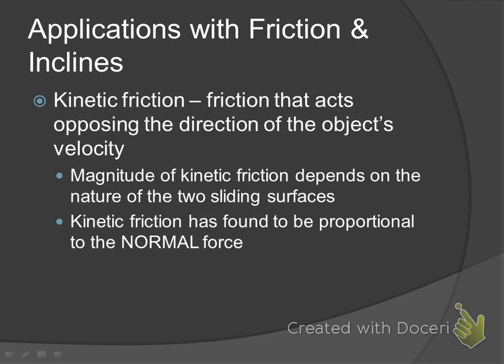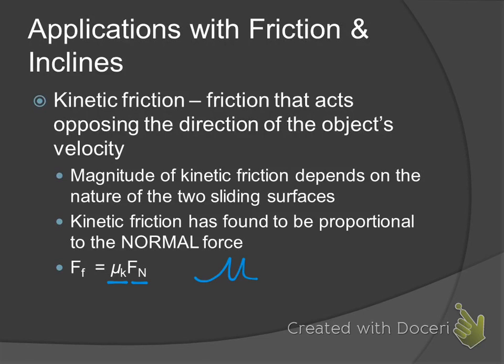Friction has been found to be proportional to the normal force. So here's our equation for kinetic friction. Friction is equal to the coefficient of friction, which is what this Greek letter is right here, times the normal force. That coefficient is just kind of a U with a little tail on the front.